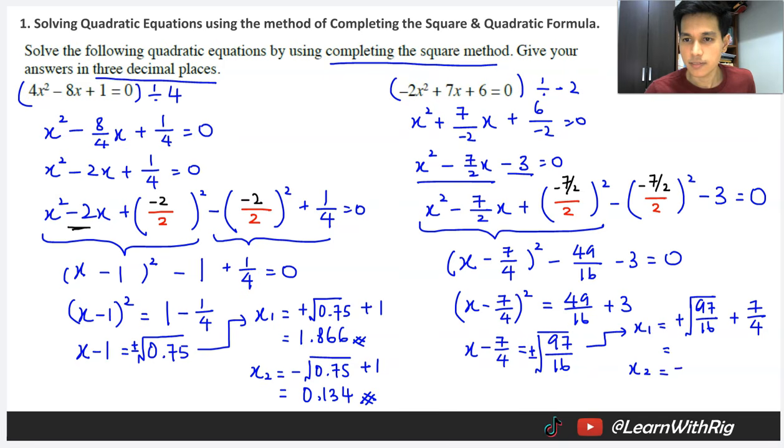You get negative square root of 97 over 16, minus, sorry, not minus, it's plus 7 over 4. So you're going to have two answers. The first answer, x1, is going to be 4.212. And the second answer here is going to be negative 0.712. So that's how you solve completing the square.